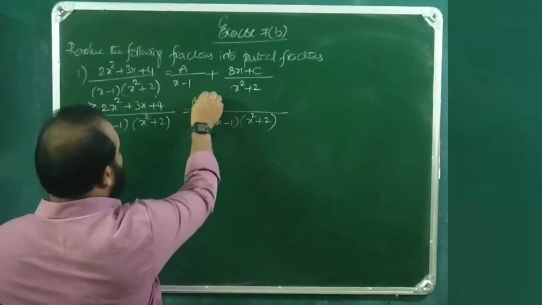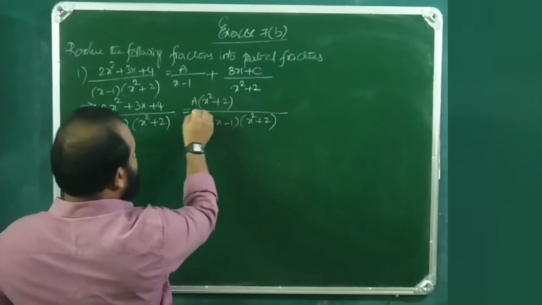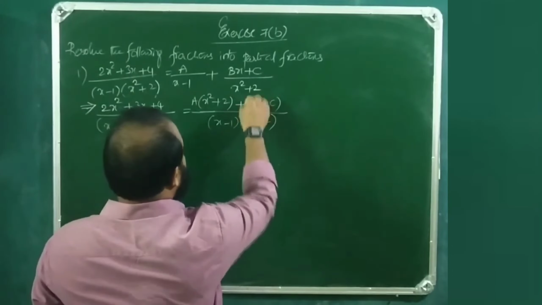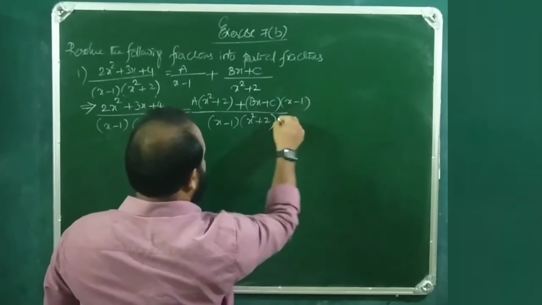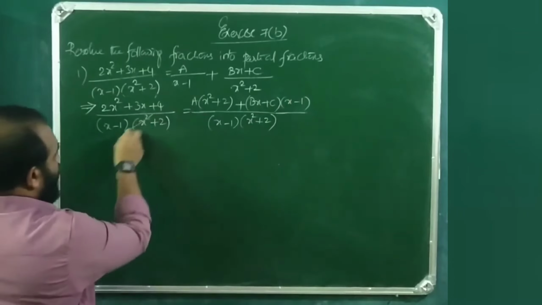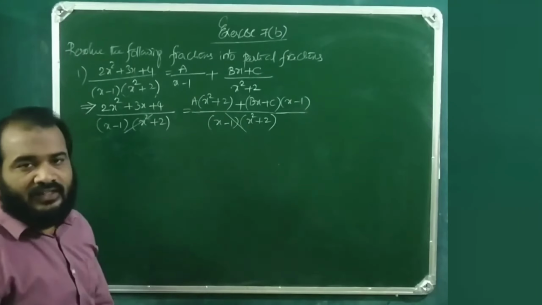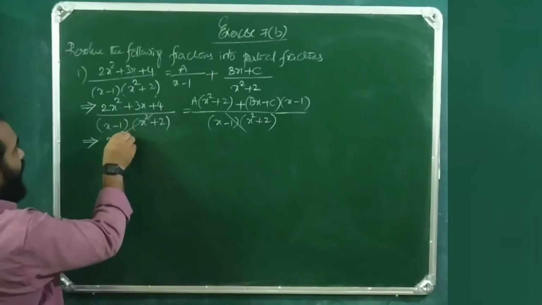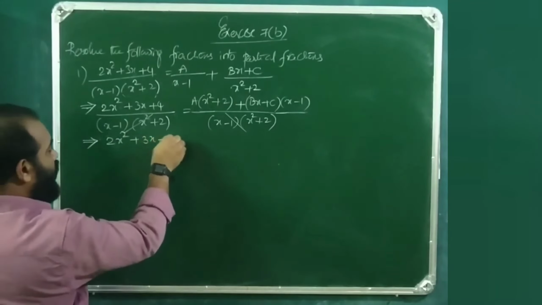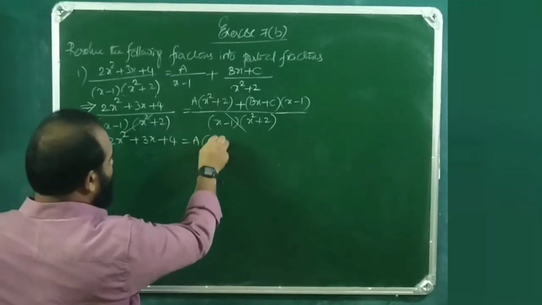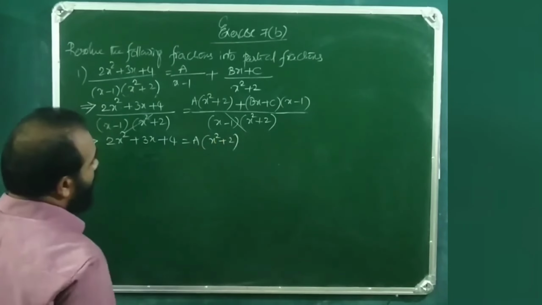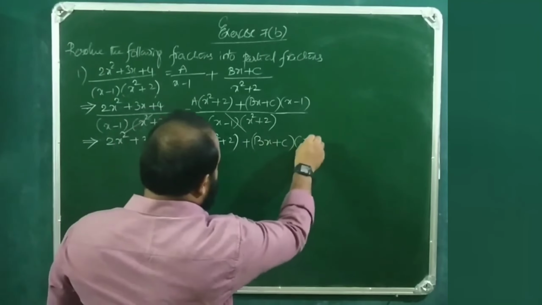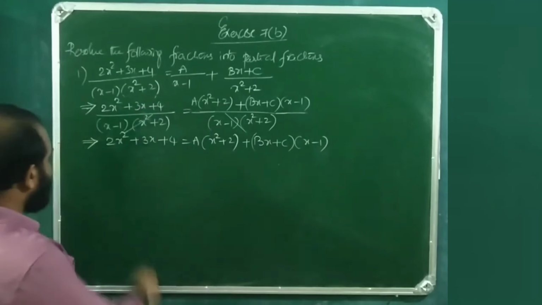So this is A into x square plus 2 plus bx plus c into x minus 1. So the denominator on both the sides got cancelled. So 2x square plus 3x plus 4 is equal to A into x square plus 2 plus bx plus c into x minus 1. Put x equals 1.